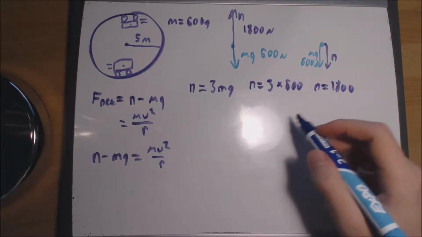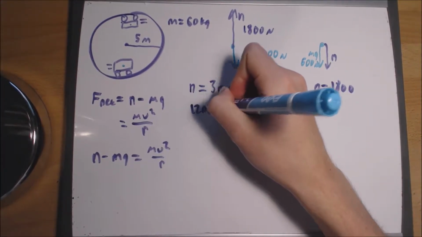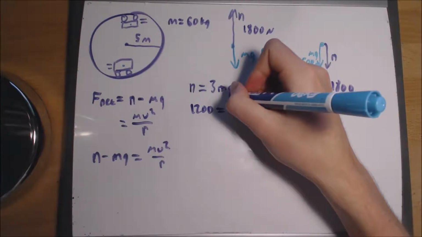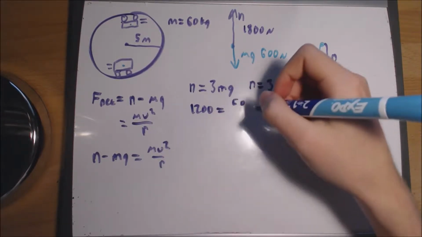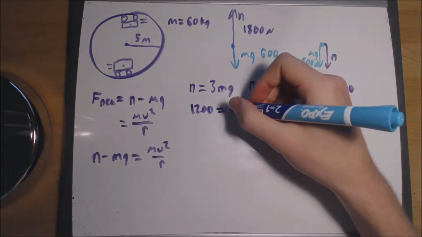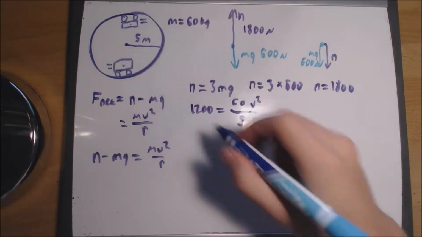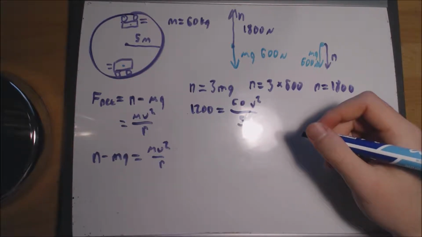So 1800 minus 600 is 1200. So that's half of the equation. We know his mass is 60 kilograms. We don't know his velocity squared, so that's going to be left out. And we know r is the 5 meters of the circle.